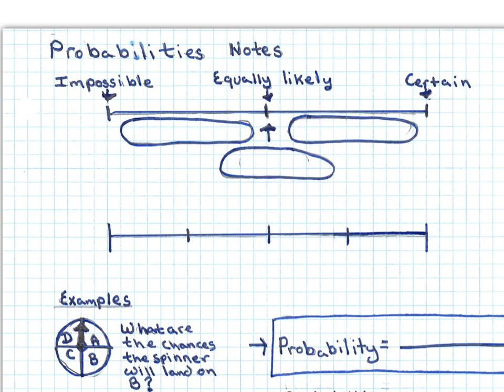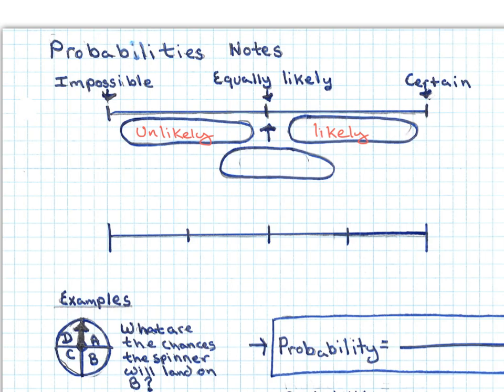Anything that falls between impossible and equally likely we call unlikely, meaning it can happen, but probably not. And between equally likely and certain, we just call it likely. It'll probably happen.